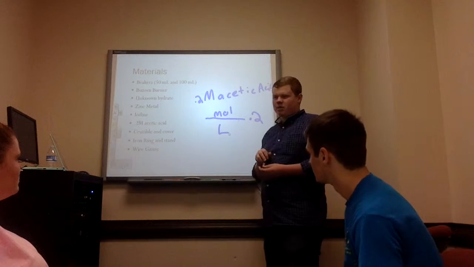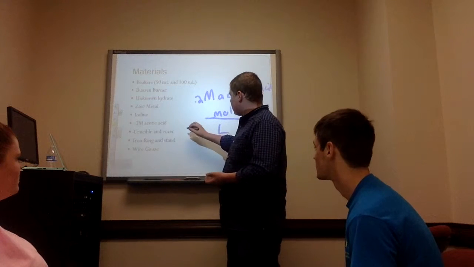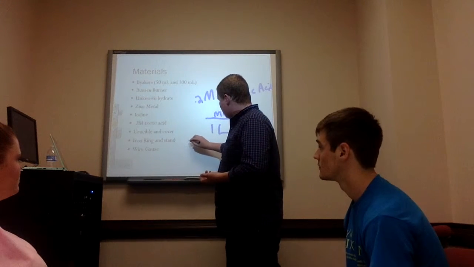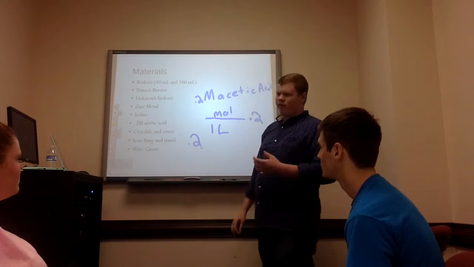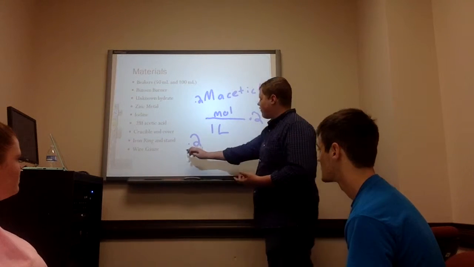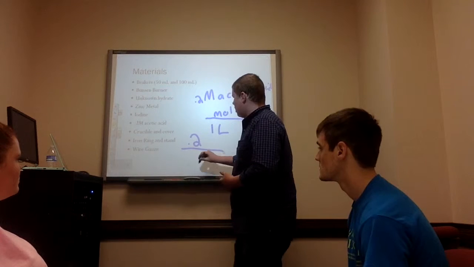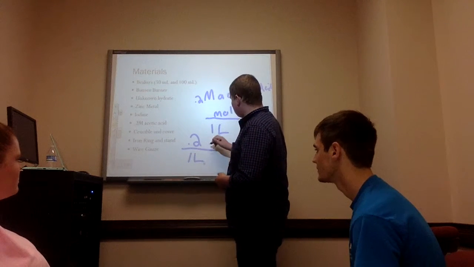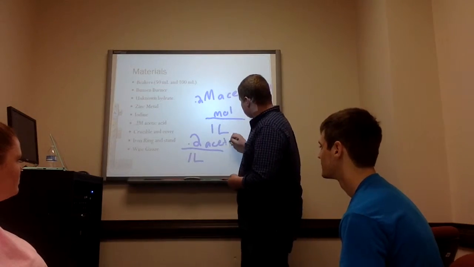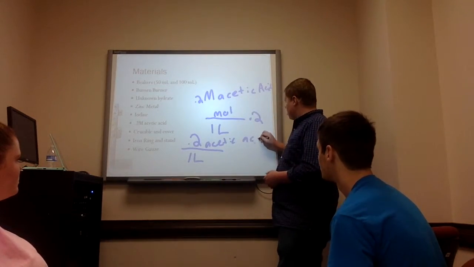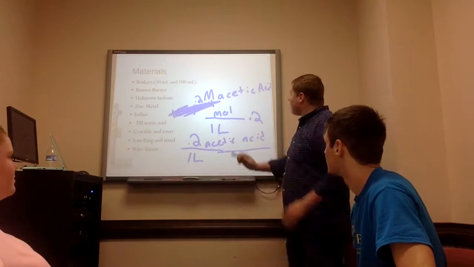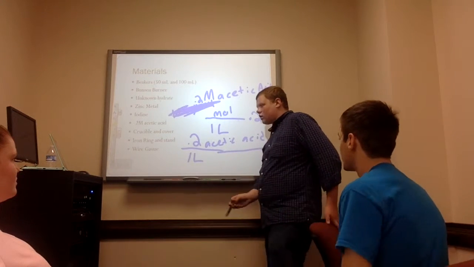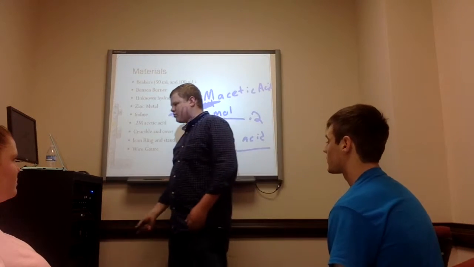It tells you how many moles per liter. So in this case, that is usually going to be over 1 liter. So for every liter of water, you have 0.2 moles of acetic acid. Does that make sense? Yes. Okay. So, 0.2 moles of acetic acid for every 1 liter of what you're diluting it in.